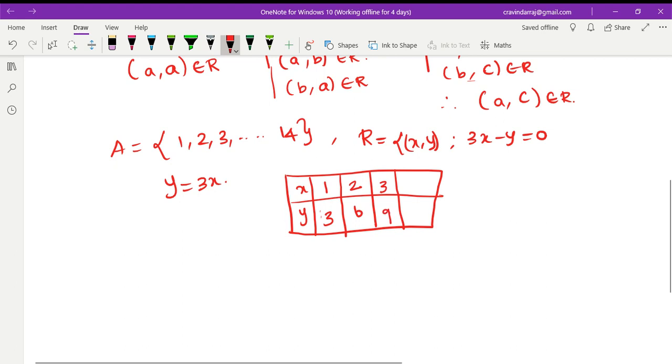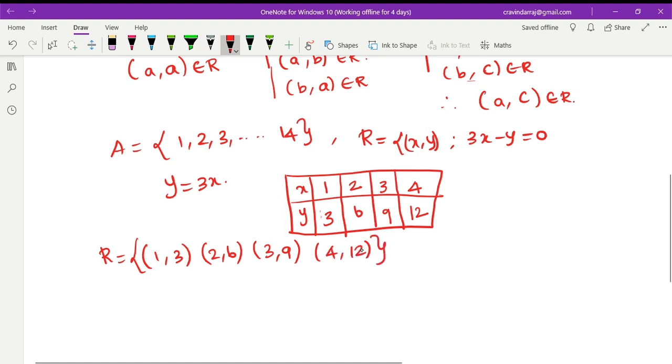Next, we apply 4 and we get y equal to 12. So the set of pairs is (1, 3), (2, 6), (3, 9), (4, 12). This is the relation.